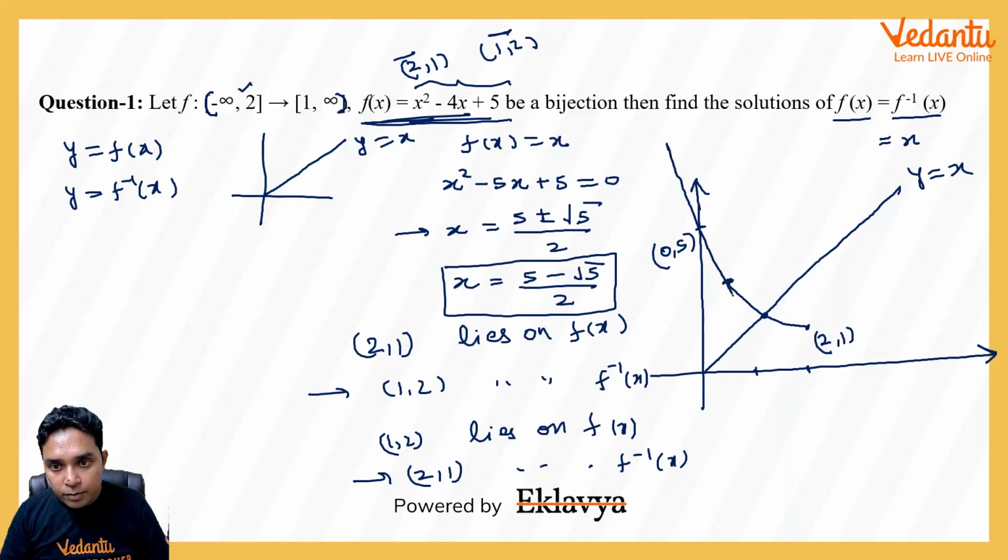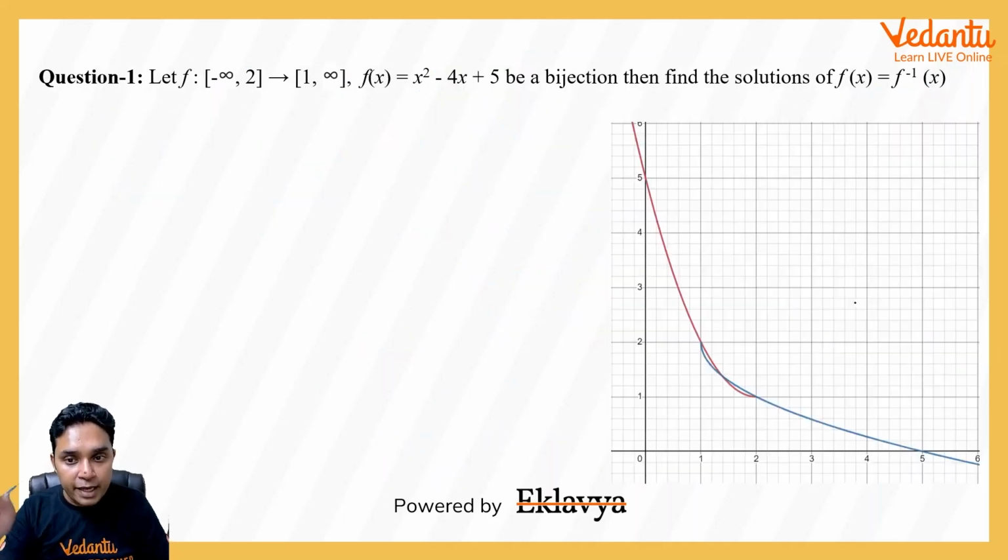So my graph will be something like this. Please understand. This (1, 2) will be lying on both of them, (2, 1) will be lying on both of them, and this point, which is the point of intersection of f(x) with y equal to x, will also lie on both of them. Let me show you one fair diagram of this.